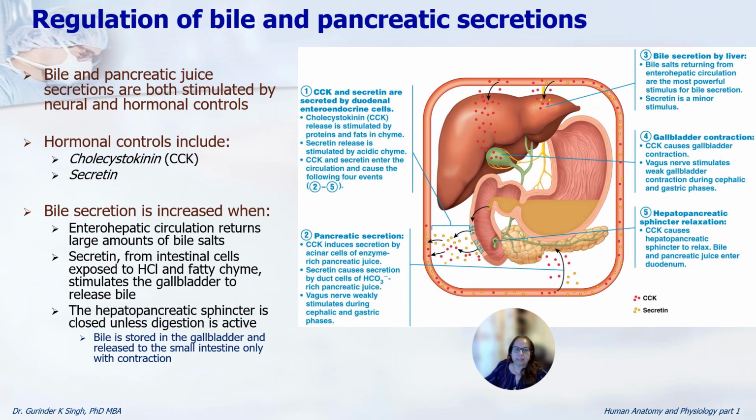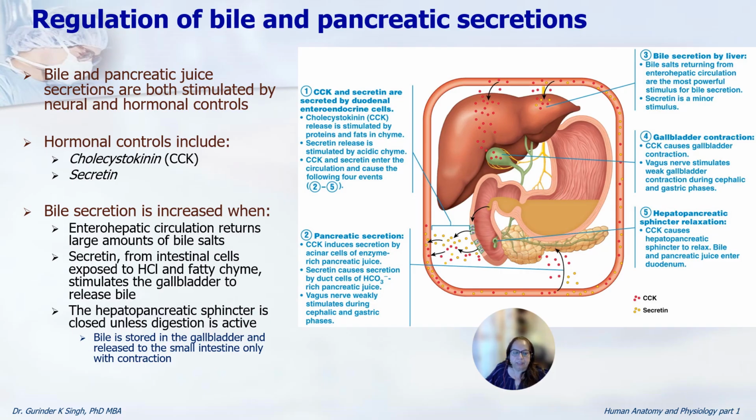What regulates the bile and the pancreatic secretions? The pancreatic and the bile secretion is stimulated by the nerve supplies, as well as the local hormones. The hormones which really play an important role are cholecystokinin and secretin.